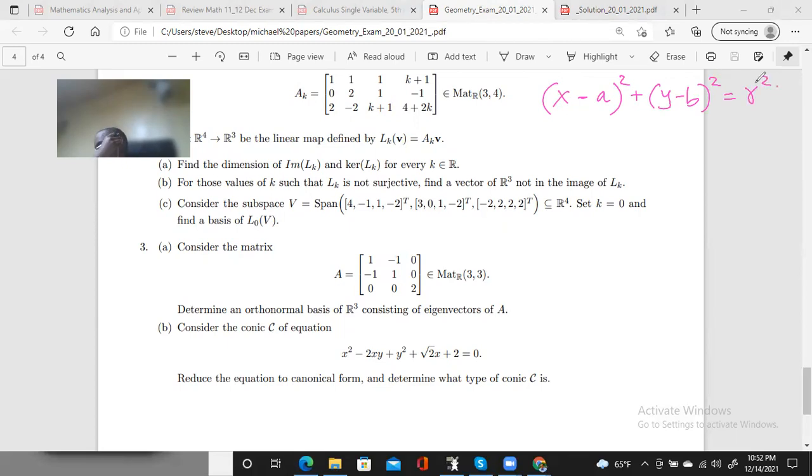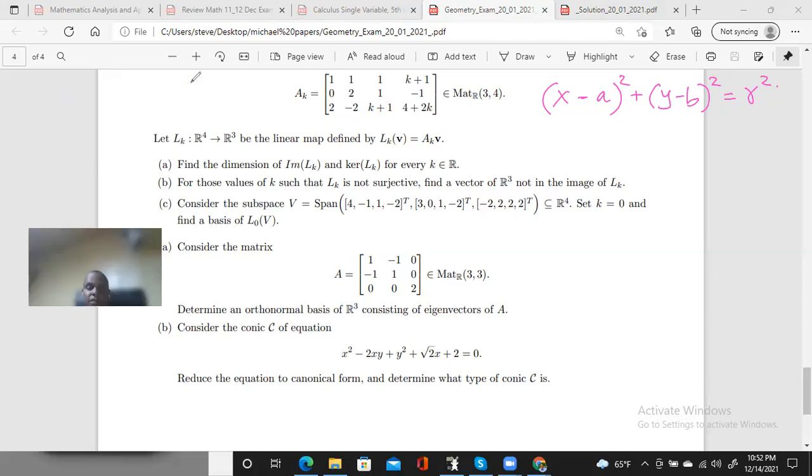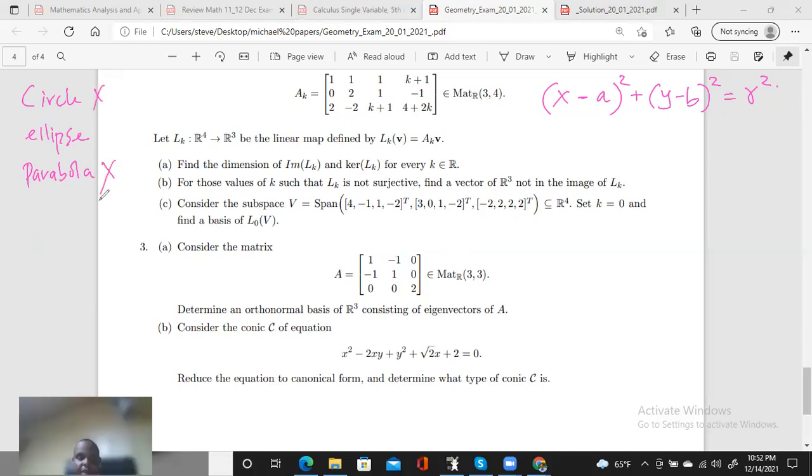Can you remind me the equation of an ellipse? You know, for conics we have 4 of them. It could be a circle, an ellipse, a parabola. So first of all, this is not a circle, and this is not a parabola. It could be either an ellipse or a hyperbola.